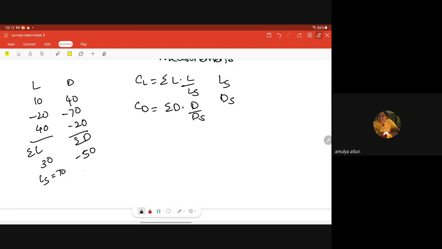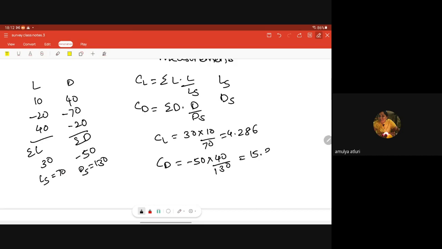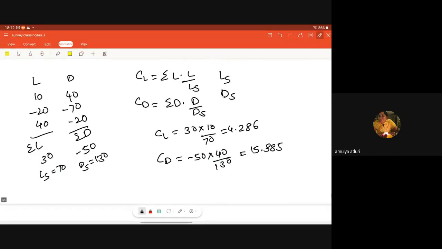LS is 70. DS is 130. Right? Then CL is equal to 30 into 10 divided by 70, 4.286. And CD is minus 50 into 40 divided by 130. It's nothing but 15.385 when we calculate it. Okay. So LS is the arithmetic sum of the latitudes.